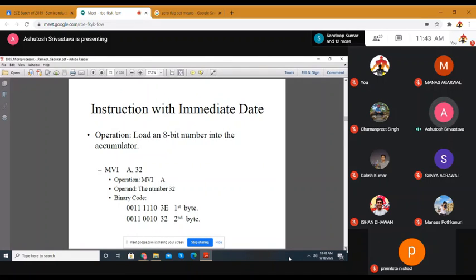So please note down, now we are making you understand with a particular example. The first statement is like MVI A, 32. What will this do?